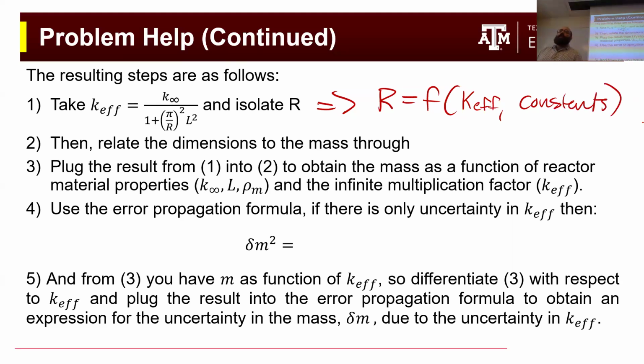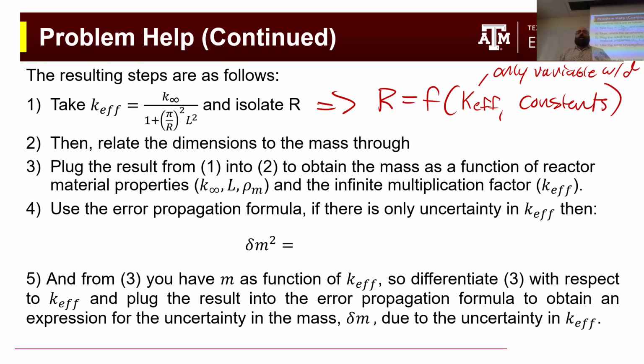There's going to be other things in there, but the only thing that has a functional dependence is K effective, because everything else is going to be constant. None of the other things have uncertainties associated with them. K effective is the only variable that has a delta on it.